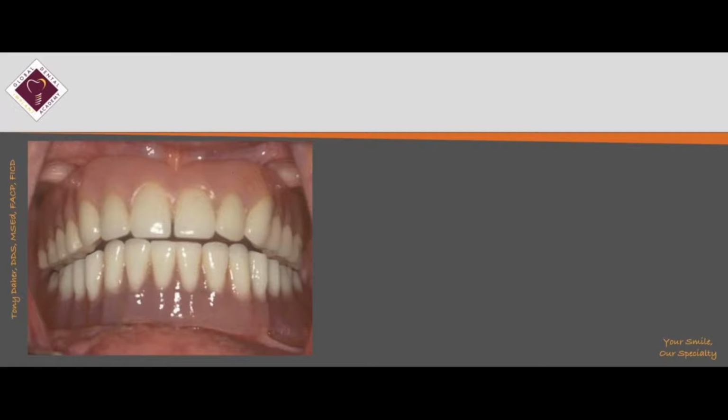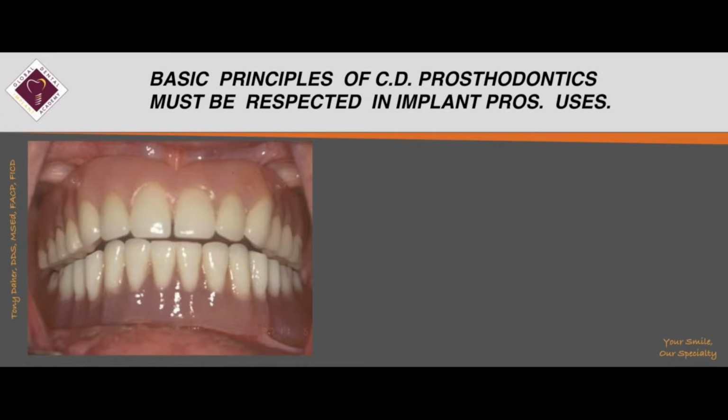So what you see here is mostly a problem, not only with the design of the flanges and the type of occlusal surfaces, but also with the occlusion. The occlusion is not balanced. So in a way, 2 implants are going to improve the situation if you respect basic removable prosthodontics principles.